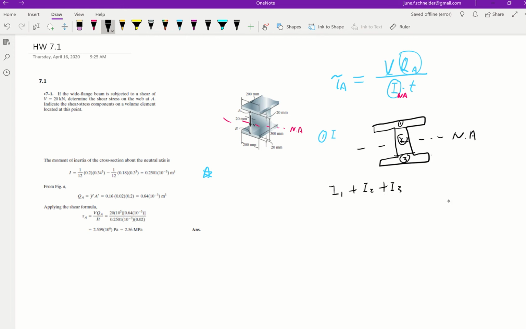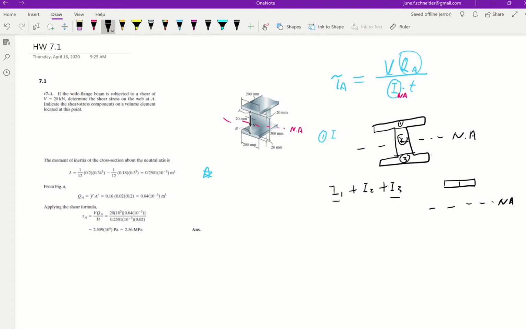Now let's take a look at I1 and I3. If I isolate shape 1, the neutral axis is here. So we have to figure out this shape 1 rotating about NA. If I were using this method, I have to use the parallel axis theorem.